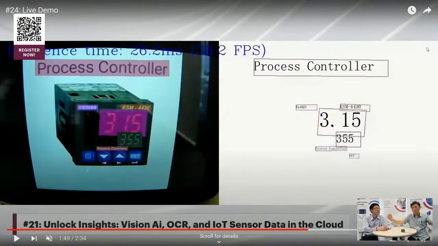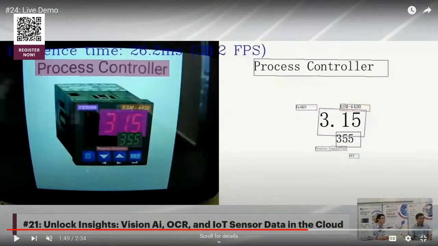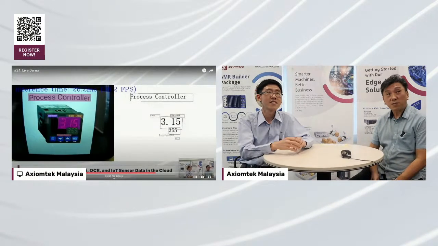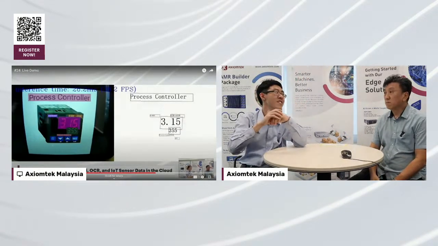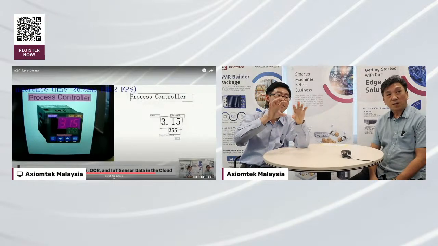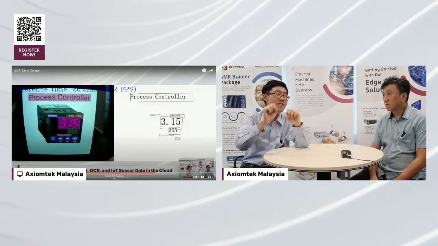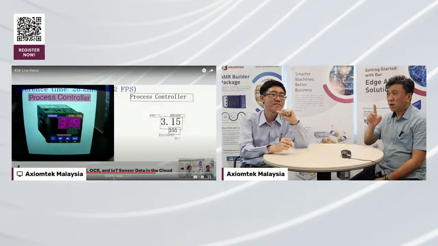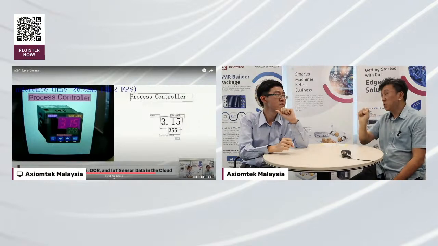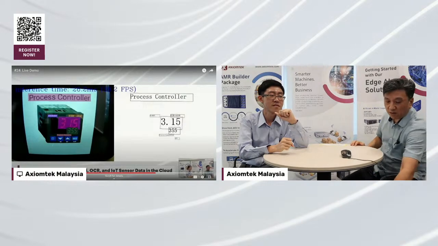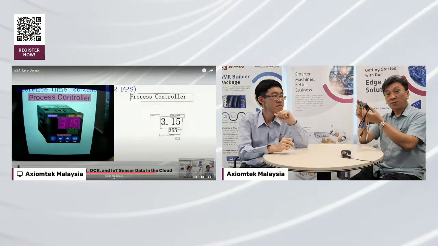So let's say I have a multiple display, are we able to process that? Sure. Then it will show multiple results, and we just find out which regions we are interested in, then extract the data from those regions.